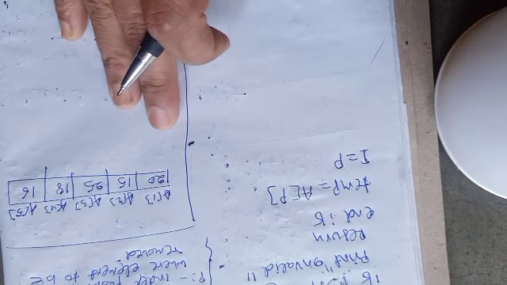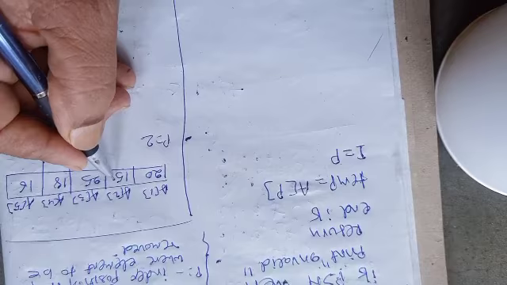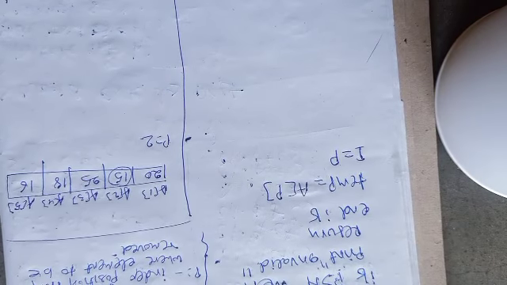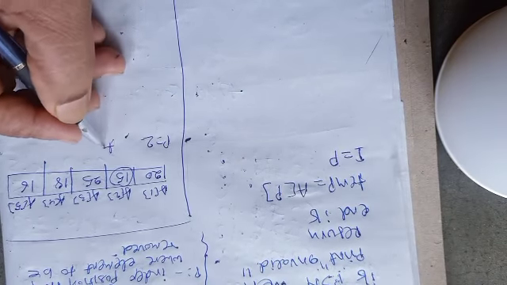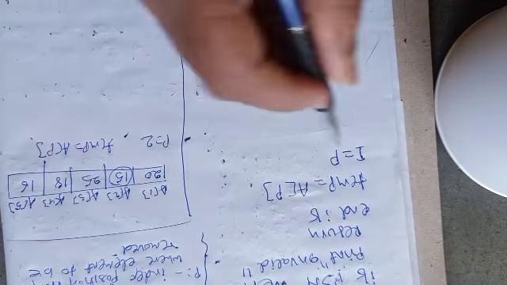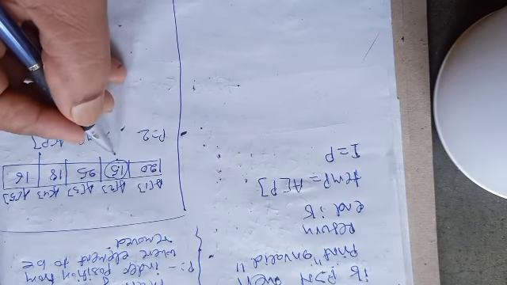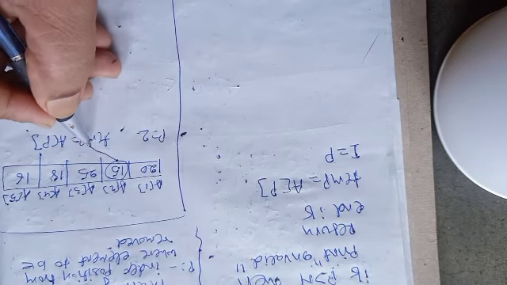Now let us assume my value P is equal to 2, so that means I have to remove this one. Once I store temp equal to A of P, the value 15 will now be moved to temp.